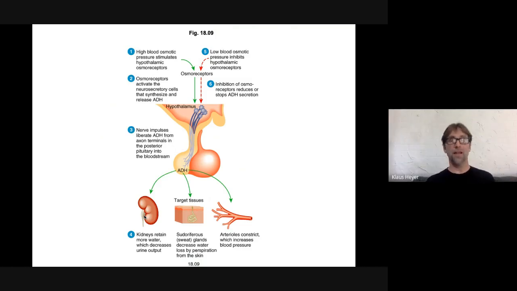A lot of people on blood pressure meds are on water pills. They're on the exact opposite of ADH: diuretics. They're peeing a lot, keeping themselves dehydrated on purpose because their blood pressure is too high. Dehydrated means less water in your body, less blood, and less blood means lower blood pressure.